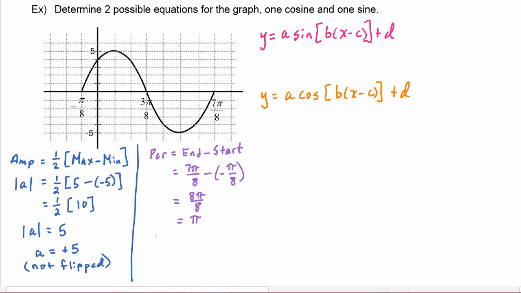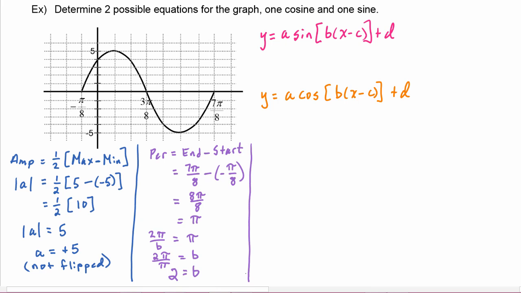Now we know at this point we can set 2 pi over b equal to pi, because that's another way to find the period. If we cross multiply the b up and cross multiply the pi down, we'll have 2 pi over pi is equal to b, and we'll get that b is equal to 2.